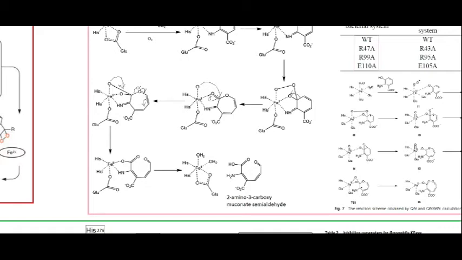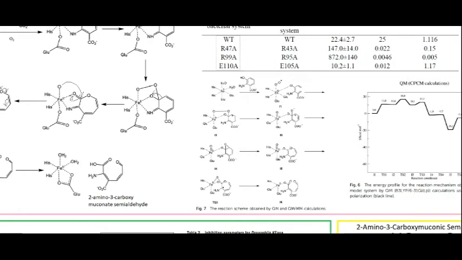Those move there, those move there, then those move onto the nitrogen, and that's how we end up with this structure right here. And then this is still coordinated with the iron, but then we have some waters come in to coordinate with the iron, and this 2-amino-3-carboxymuconate semialdehyde comes off of the enzyme there.